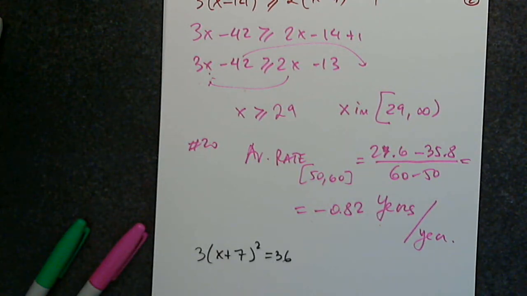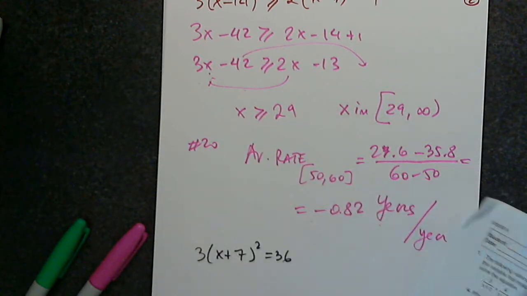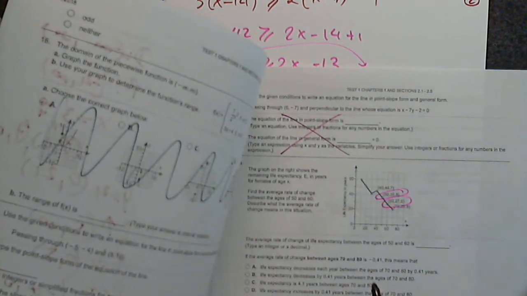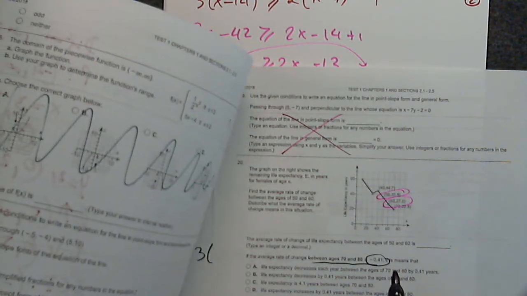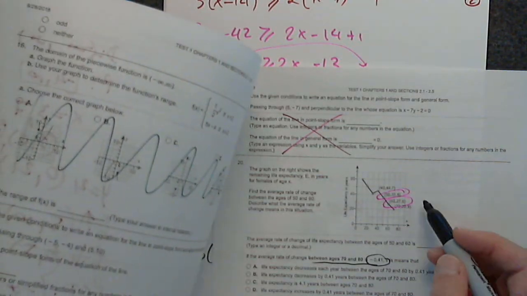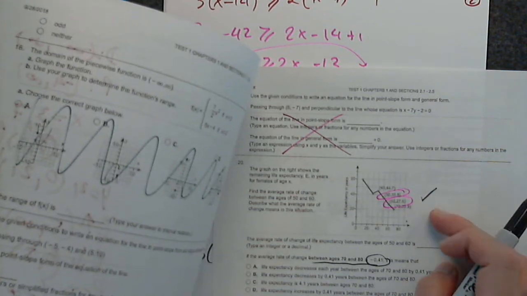Any questions? Yes, please. The second part. Oh, on number 20? Yeah, it's the average rate of change between ages. So it means that it decreases per year by 0.41 of a year. So what's the difference between A and B? This is something we calculated and concluded.